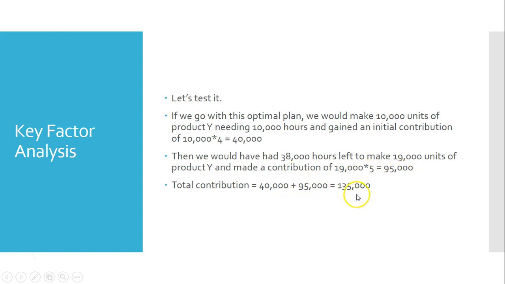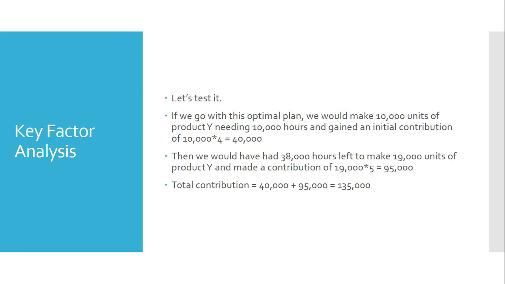Add the two together and you get 135,000. So you can see that with the optimal plan, we're actually £3,000 better off in contribution than by ignoring it. So it's really key to have a go and practice this yourself to see that it does work, just to compare when you actually rank things.